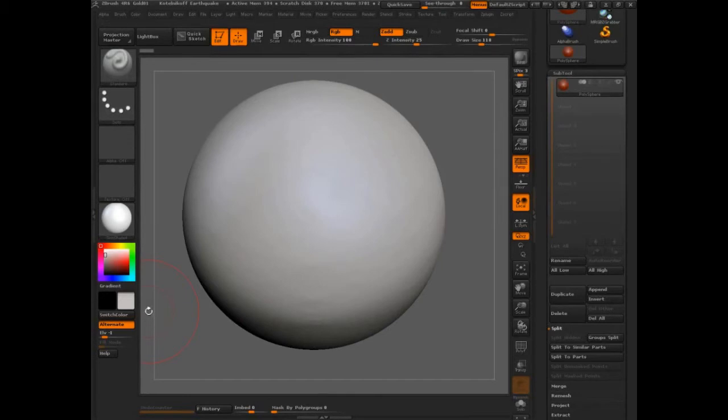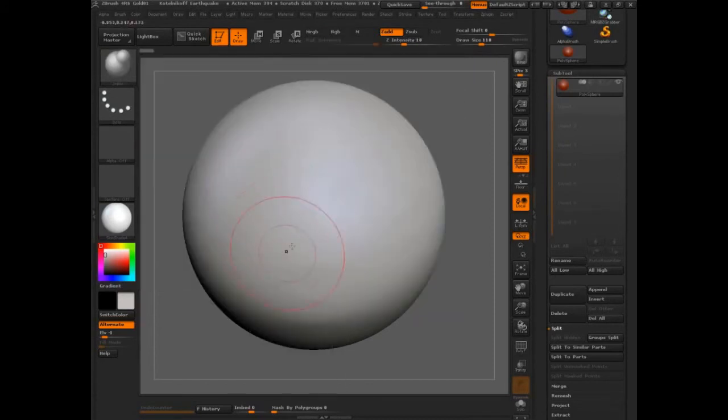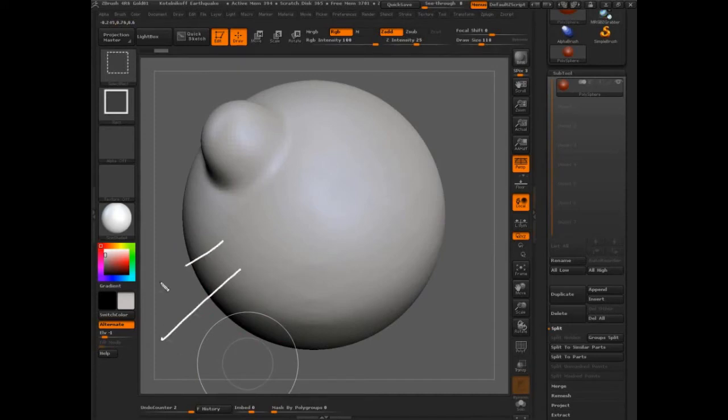Okay, let me see. So we're talking about Inflate versus Magnify. Here's Inflate. Okay, and now it's taking into account surface normal. Can anybody here explain what surface normal is?